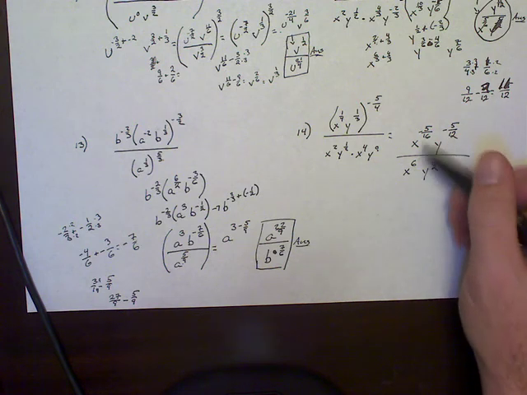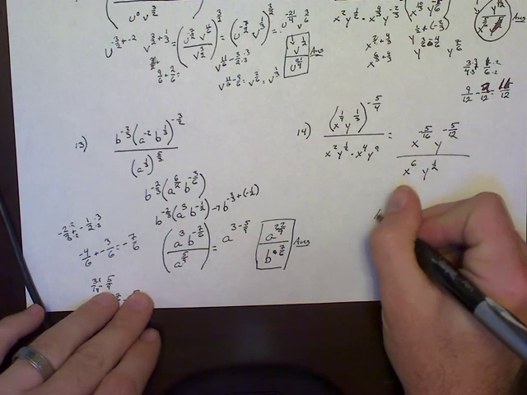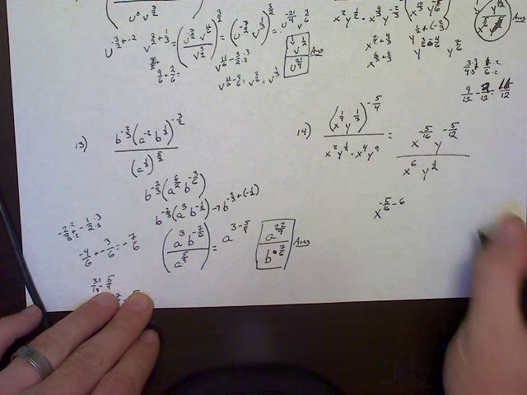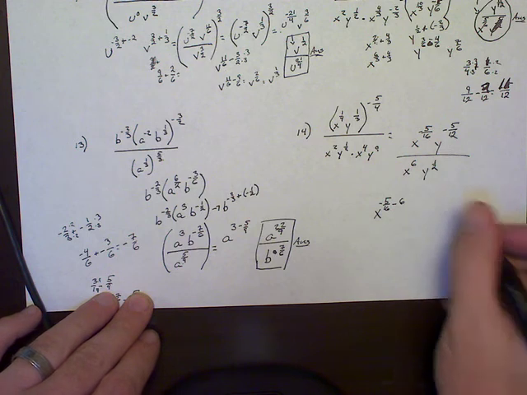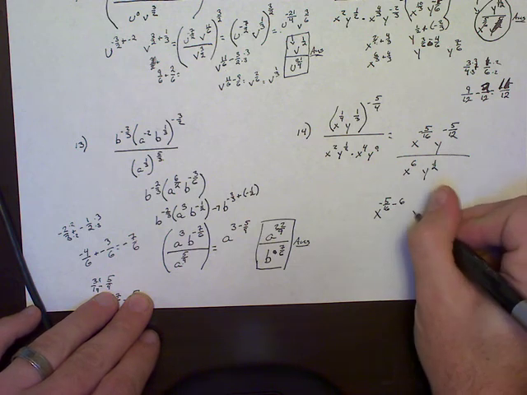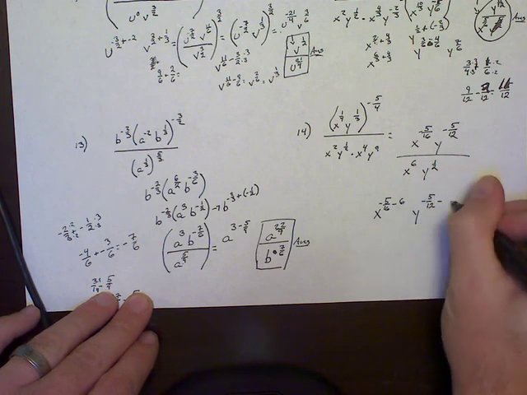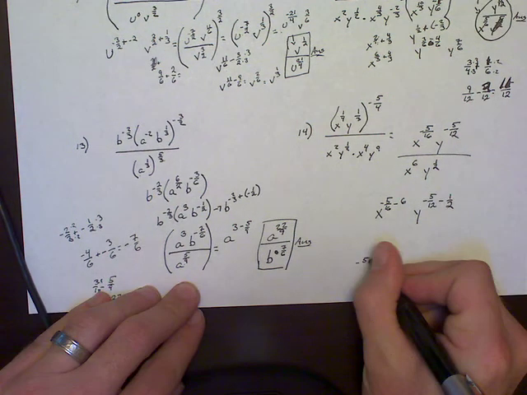So we need to subtract these, so that's saying x to the negative 5 over 6 minus 6. And then we're going to do y to the negative 5 1/2. Need to find a calculator for that.